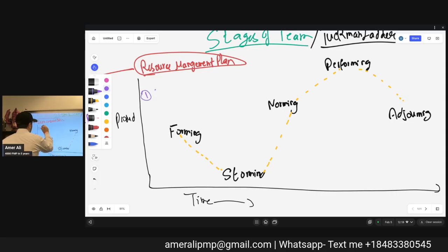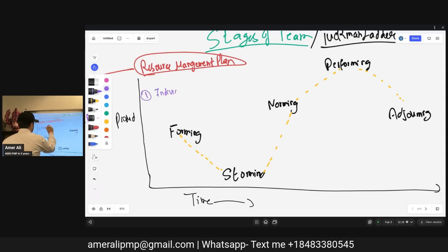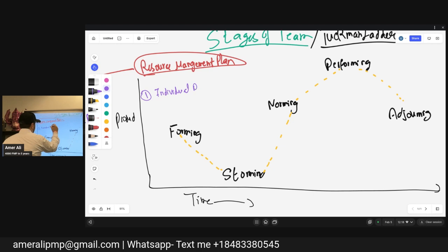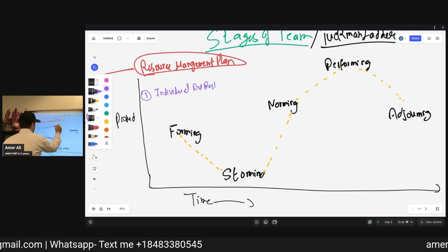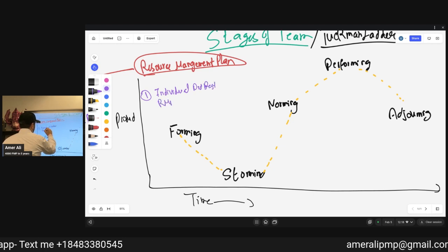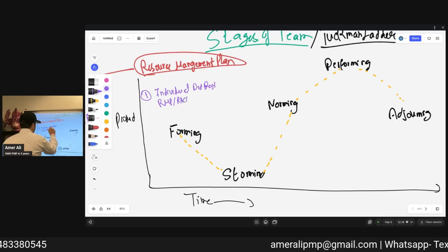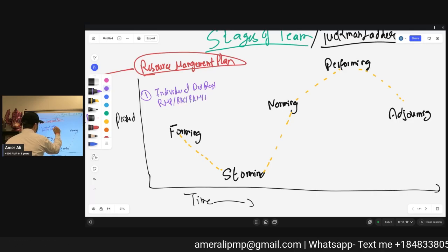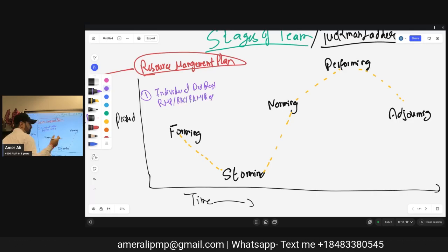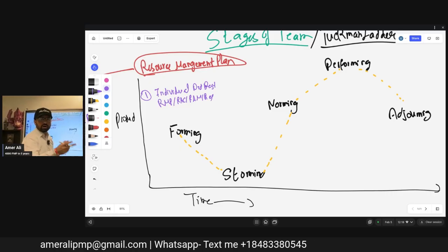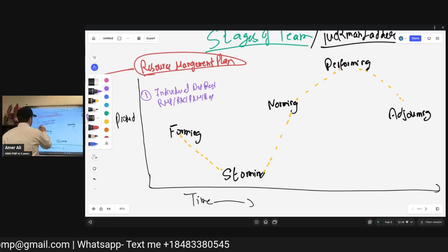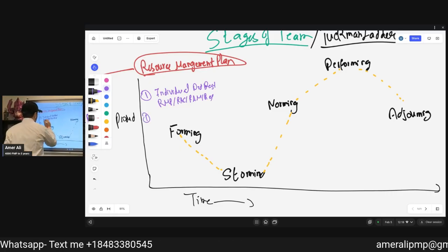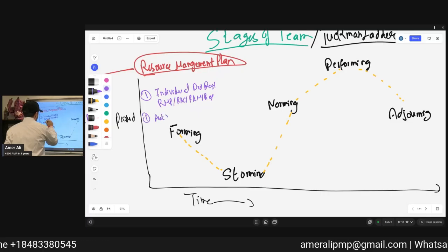As an individual, they did best, but as an individual, you made a resource management plan, RACI, RAM, resource calendar. You gave them what they need to do, how they need to do it, and your nature is more of a dictator or autocratic.